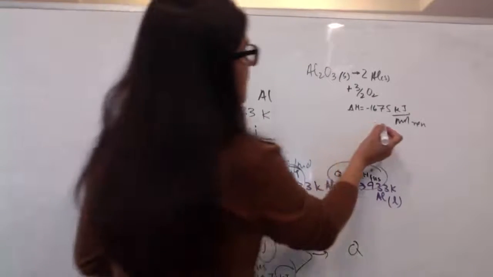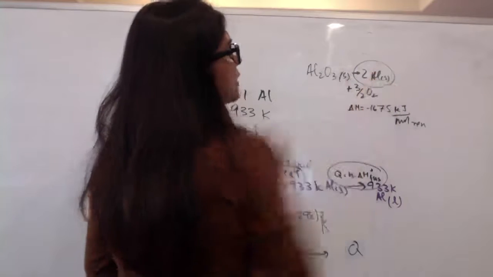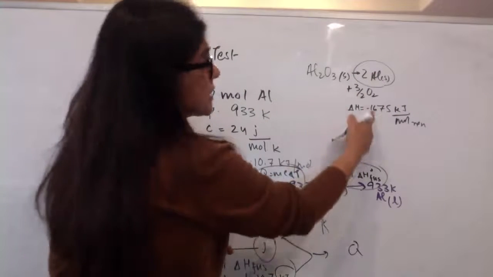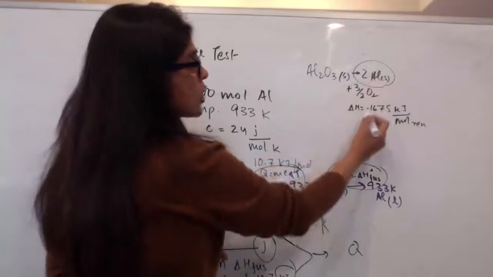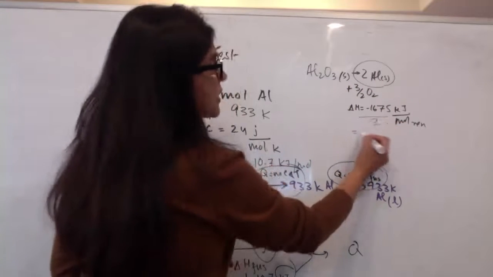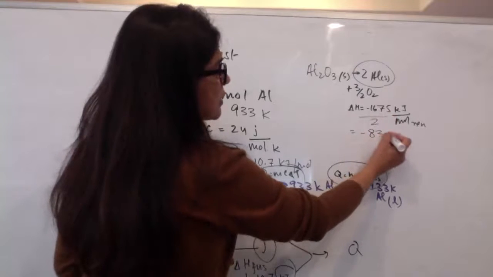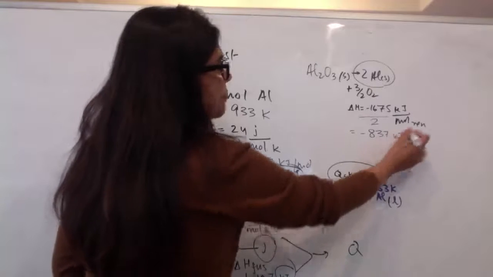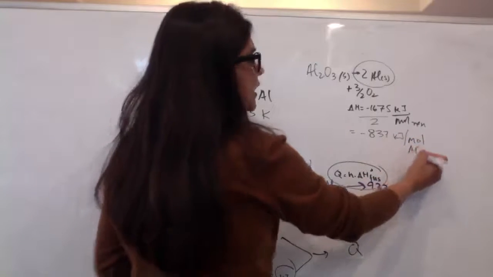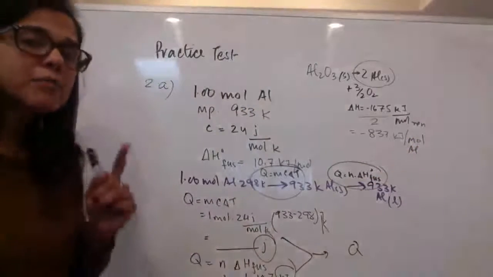So if you look at this value, how many moles of aluminum are you making here? This amount is for a mole of reaction when 2 moles of aluminum are produced. So for 1 mole, it will be half of this, negative 837 something, right? Kilojoules per mole aluminum. Remember, they are testing the same concept.